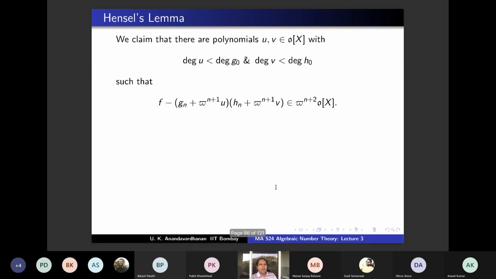So let us analyze. If I take this as my first polynomial, what is its reduction modulo m? M is the same as pi. It is the same as Gn's reduction modulo m, which is G naught modulo m, which is what we call G naught.